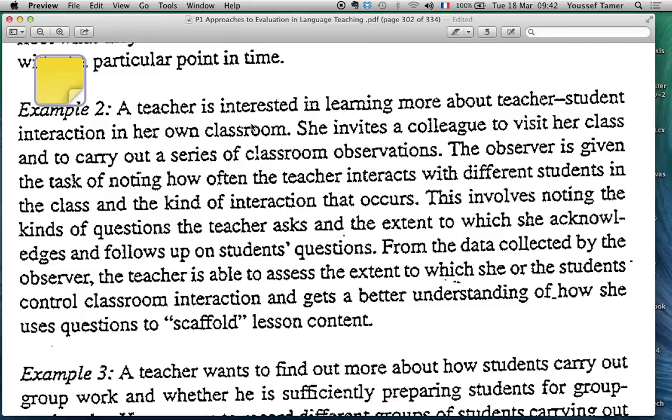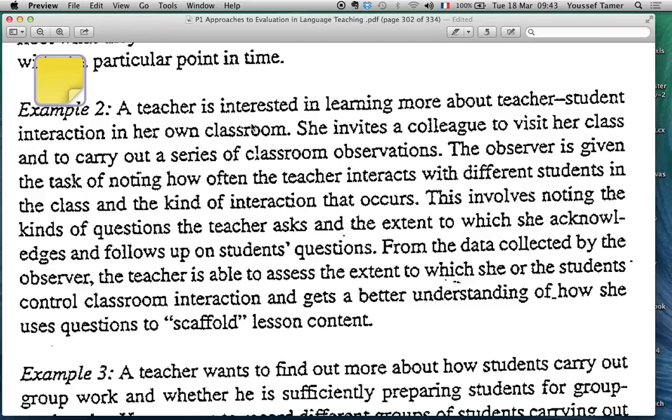For example, a particular teacher is addressing one side of the classroom, a few students in the front, and neglecting the other part of the classroom. So this is a kind of interaction that should be addressed.